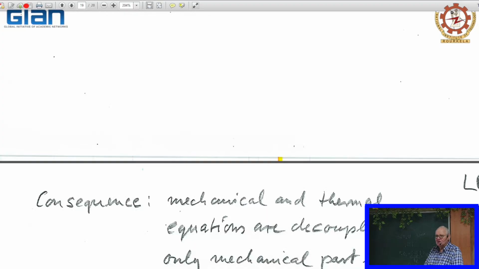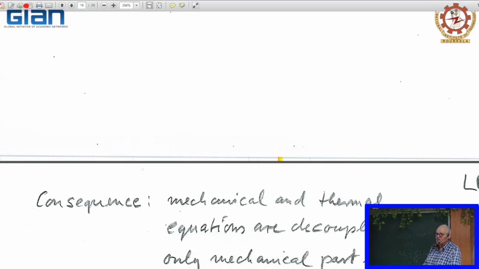No heat exchange, no luminosity perturbation. So if we have no luminosity perturbation and the temperature is directly related to the pressure, then we can decouple the thermal and the mechanical equations. We can ignore the thermal equations because one of them is anyway satisfied. This is the energy conservation, and the energy transport is no longer needed because the luminosity perturbation is zero.